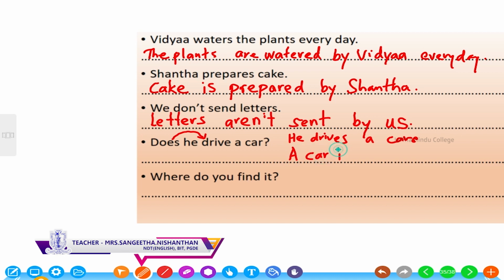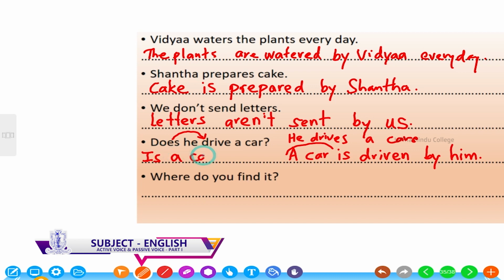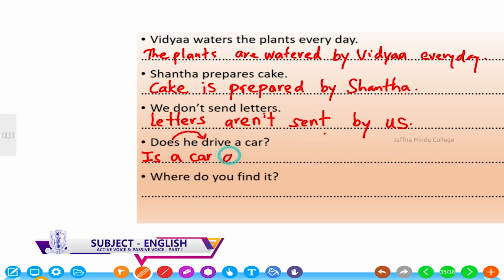So, car is, and the past participle of drive is driven, by him. It is the statement, but they have given it to you as a yes or no question. So, I have to change it into a yes or no question. So, bring the is to the beginning. So, now the question is: is a car driven by him?